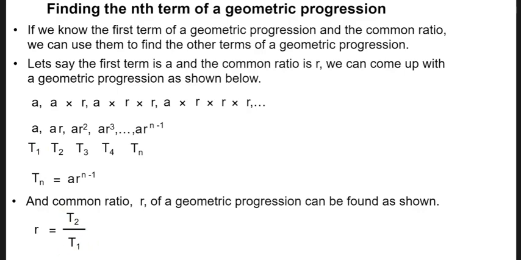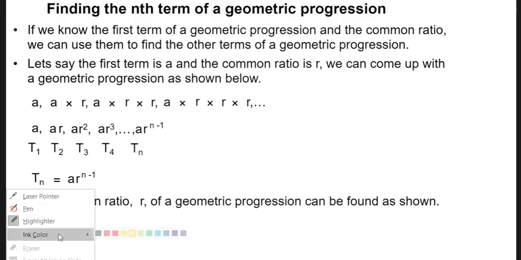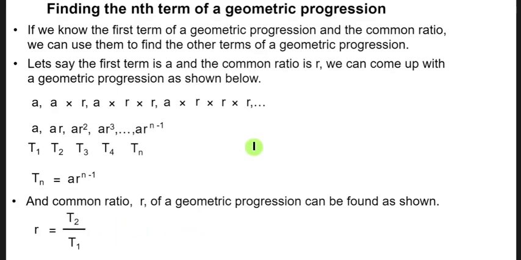What we are trying to mean is this. In our previous geometric progression, we had 1, then 2, then 4, then 8. So we said the common ratio was 2, even here 2, even here 2.